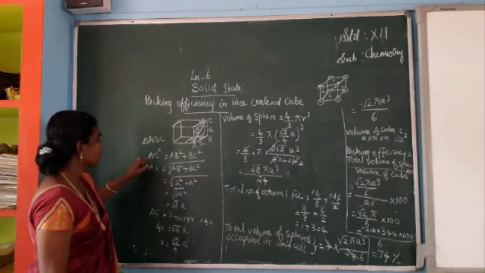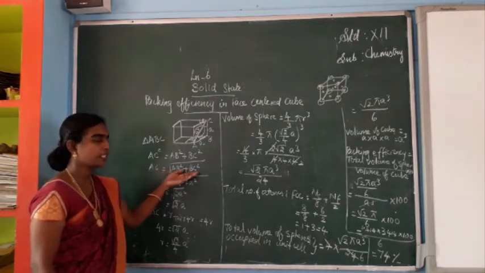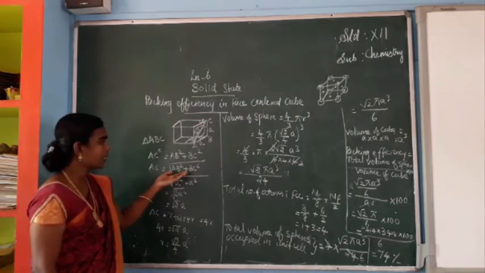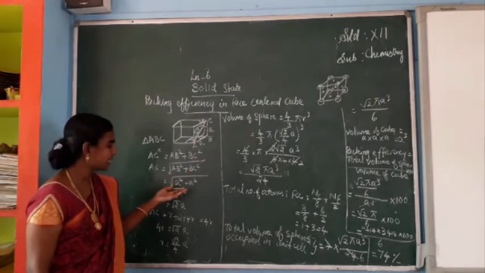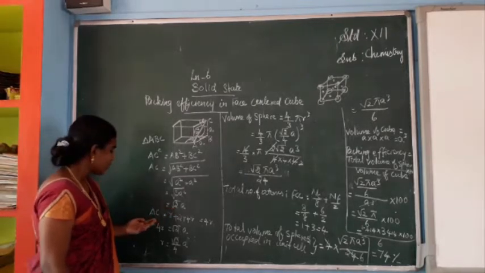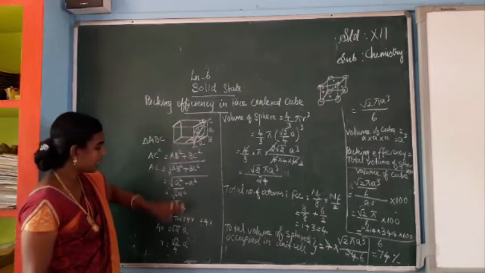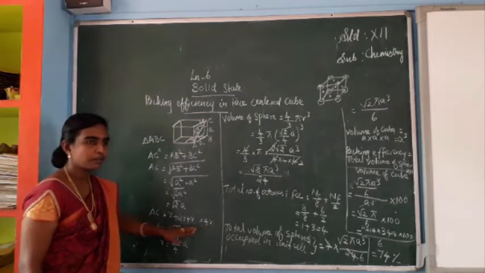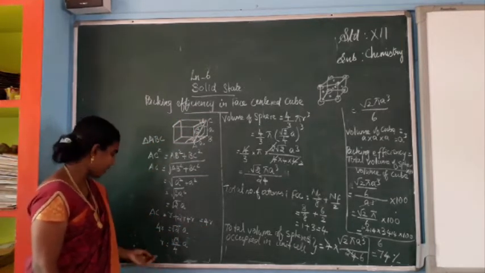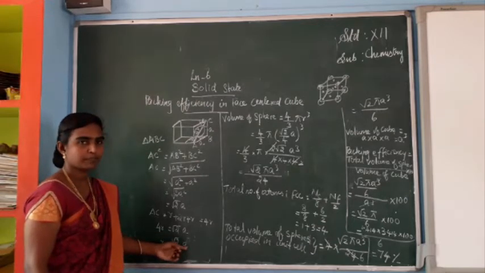So AC is equal to the square root of AB square plus BC square. AB and BC are the edge length a, and you get AC equal to root 2 a. So AC is also equal to 4R. From this we can find the R value. R is equal to root 2 by 4 a.